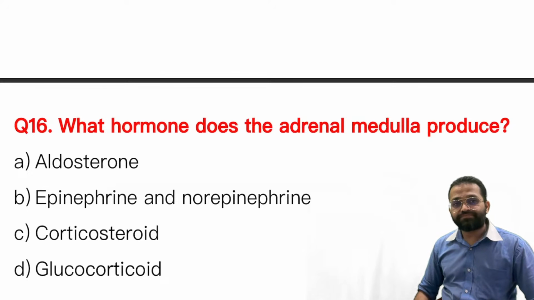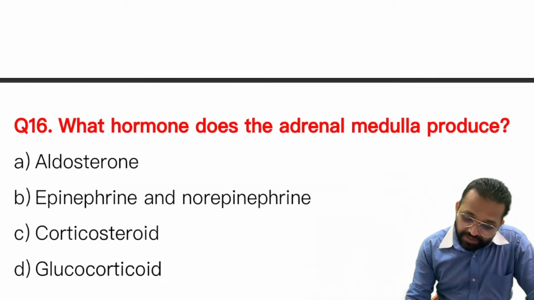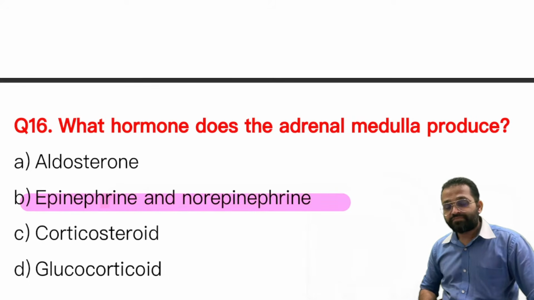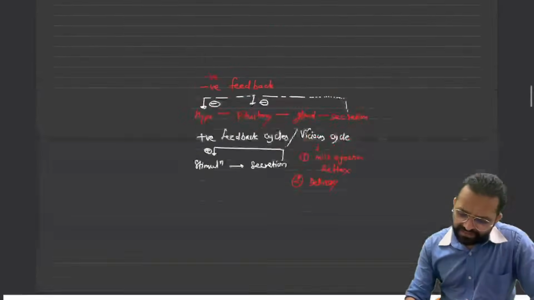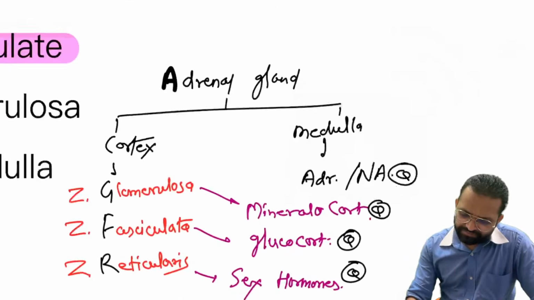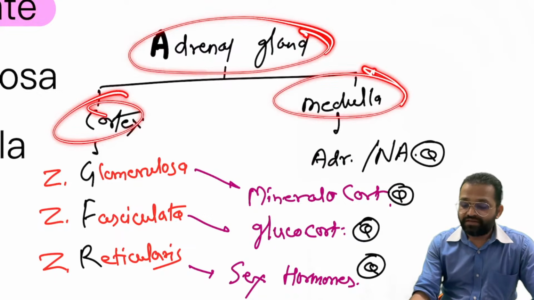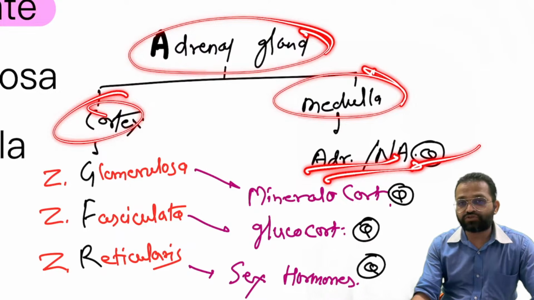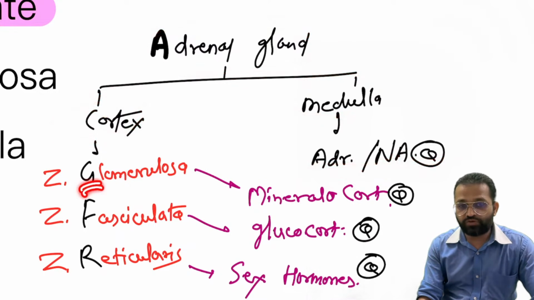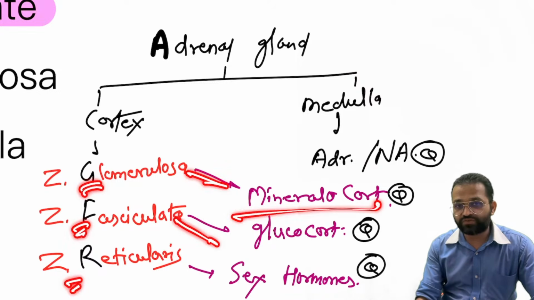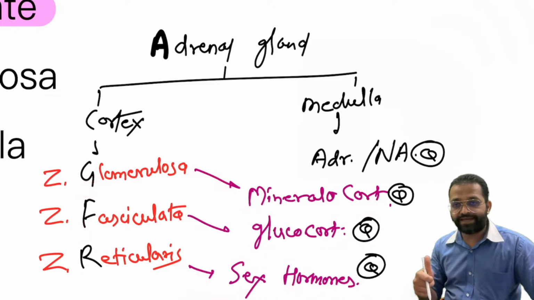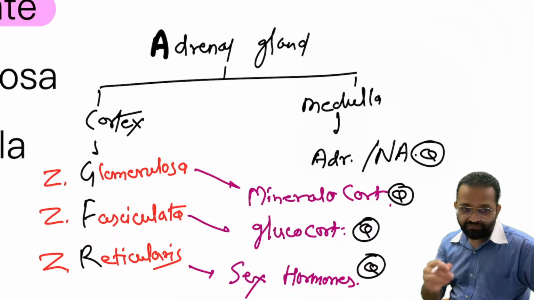We had seen this question pattern already. In the adrenal gland, cortex and medulla, the medulla is producing adrenaline. And the cortex has zona glomerulosa, zona fasciculata, zona reticularis. Glomerulosa, mineralocorticoid. Fasciculata, glucocorticoid. Reticularis, sex hormones. Agree?